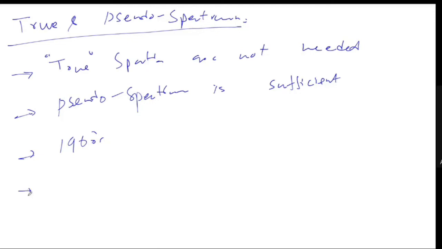So what was observed at that time is that the pseudo velocity spectrum is a good approximation to the relative velocity spectrum, with the quality of approximation improving as the system damping decreases. So the pseudo velocity spectrum was found to be very close to the actual relative velocity spectrum when the damping is low.